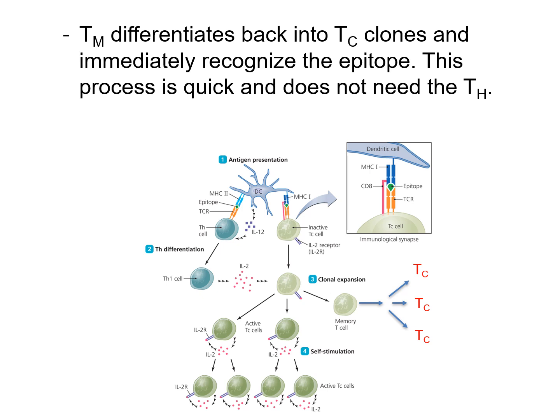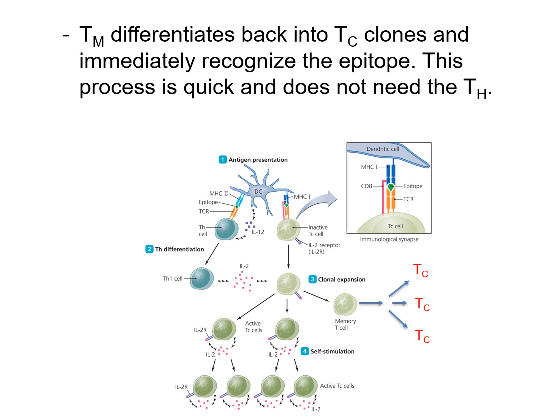Now that it has been stimulated again, it will expand from the memory cell into multiple cytotoxic cells that will then start dropping those barrels to destroy the cell. So T memory differentiates back into the TC clones and immediately recognizes the epitope.